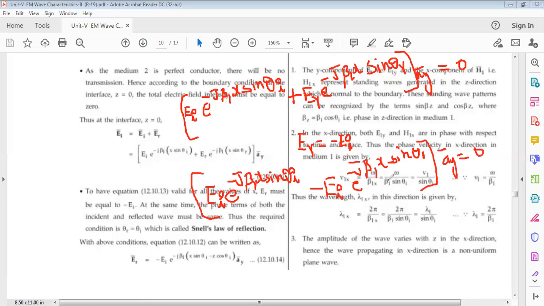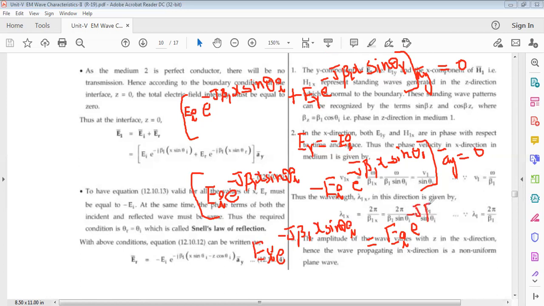Now bring the function to the right side, a_y is already 0 here, E_I into e power minus j beta 1 x sine theta I is equal to E_I into e power minus j beta 1 x sine theta R, as the minus becomes a plus on the right hand side.